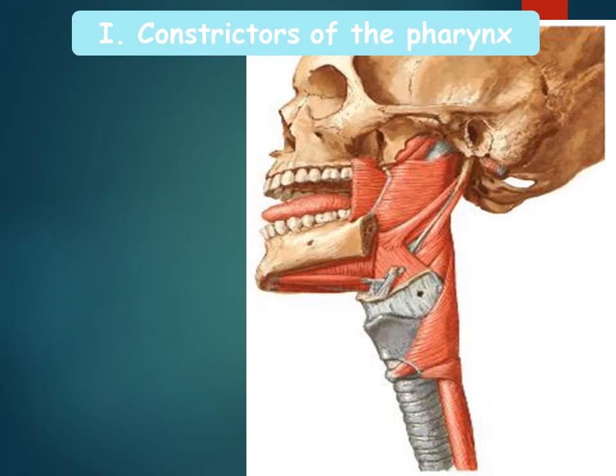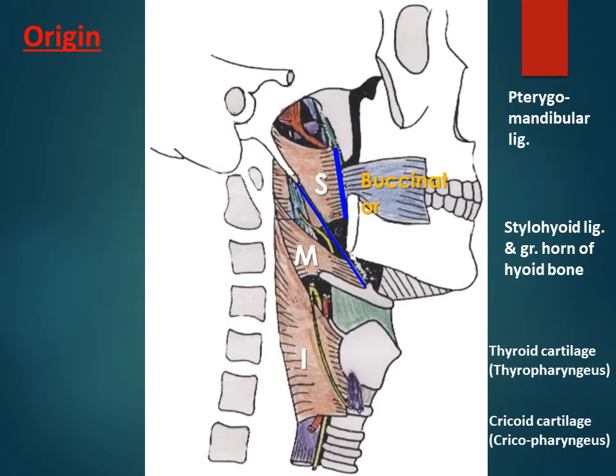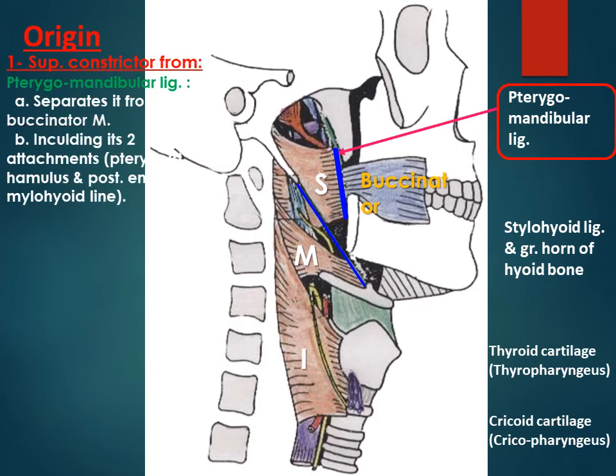Concerning the muscular coat of the pharynx, starting with the constrictors, there are three constrictors of the pharynx: the superior, the middle, and the inferior constrictor. The origin of the superior constrictor is at the pterygomandibular ligament.